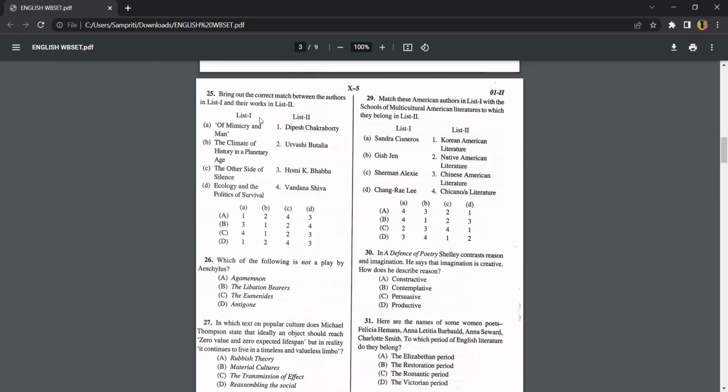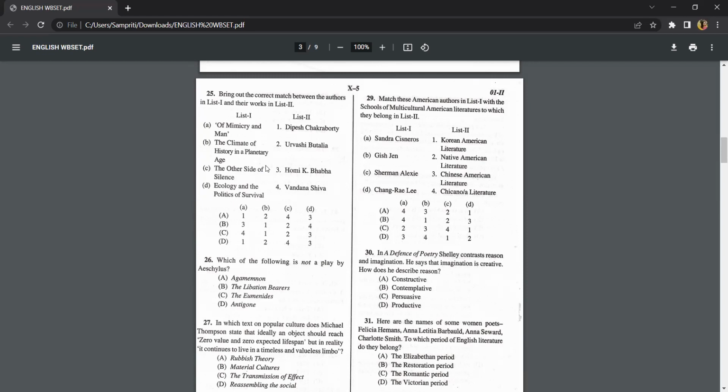25. Bring out the correct match. Of Mimicry and Man by Homi K. Bhabha, we know this, so A3. Only one option is like that, option B, A3. The Other Side of Silence by Urvashi Butalia. This is also a question most probably asked in this year's NET or the previous year's NET.